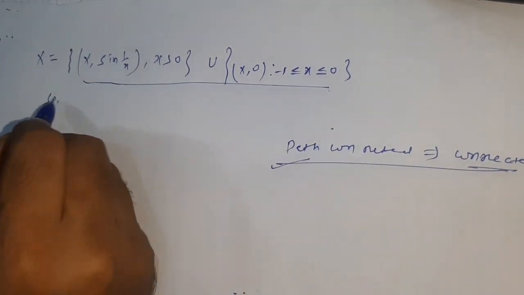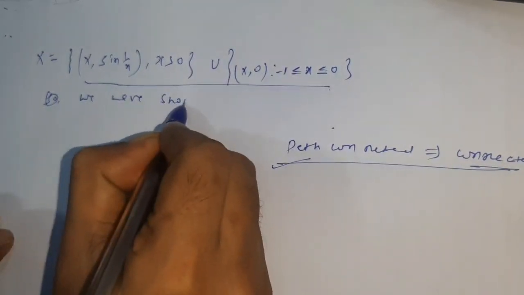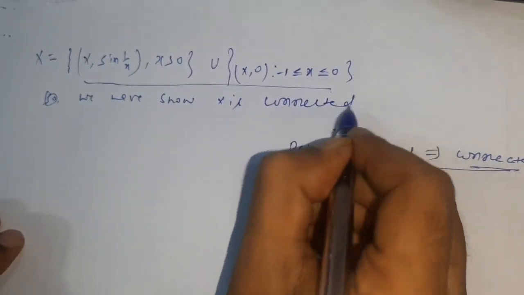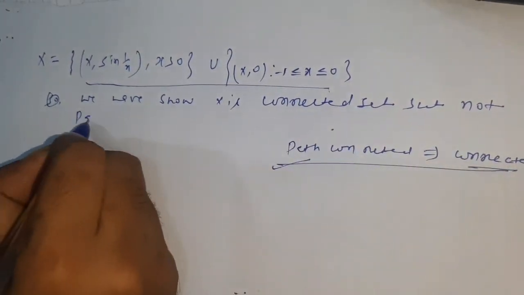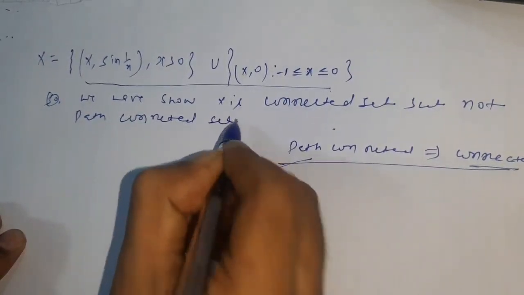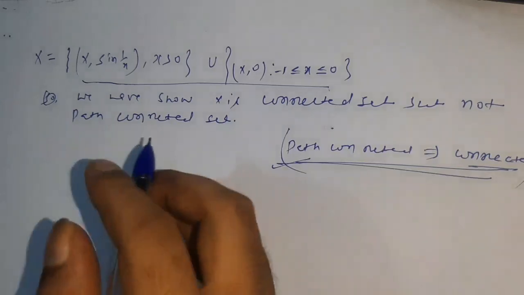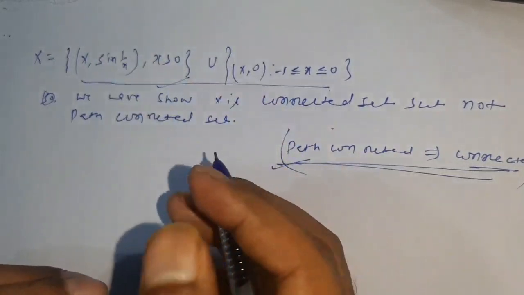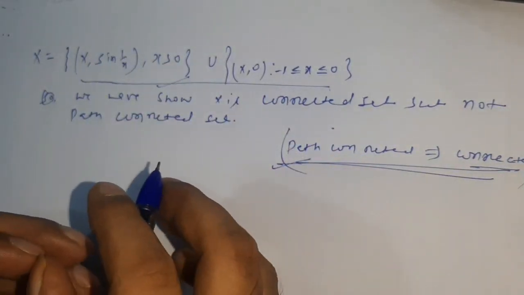We have to show X is a connected set but not path connected set. Firstly we have to confirm it is connected, then we will come to showing it is not path connected. I will give the proof of how it is not path connected.